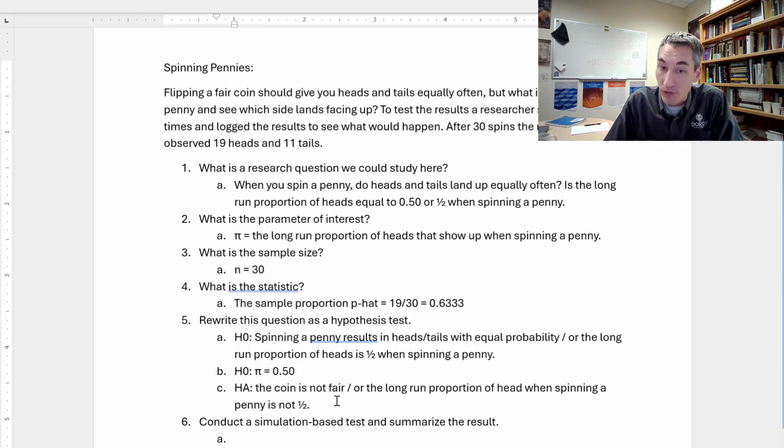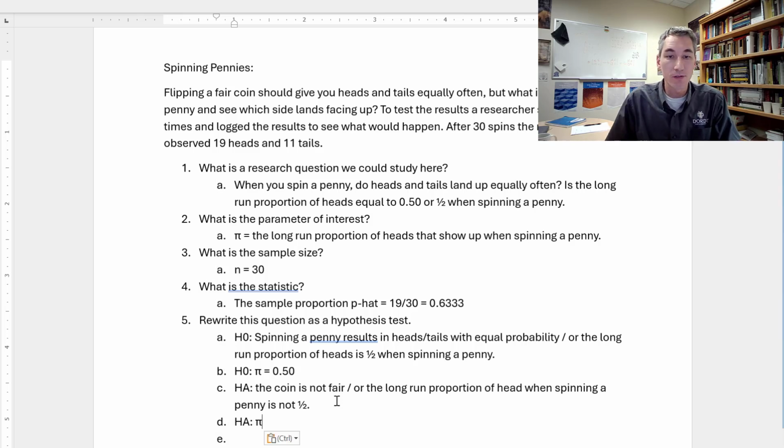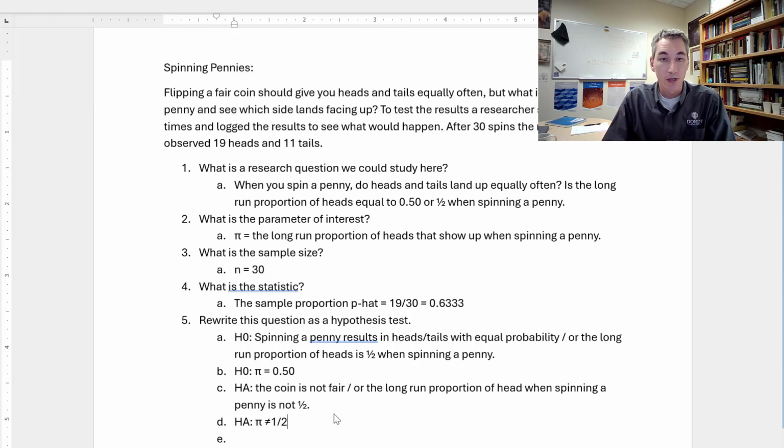I don't know if heads comes up more often than not or less often than not, so I'm just going to say for my alternative, if we were doing it in symbols, I would want to use the not equal to symbol. Not equal to 1/2 or 0.5. So that's the alternative in symbols.